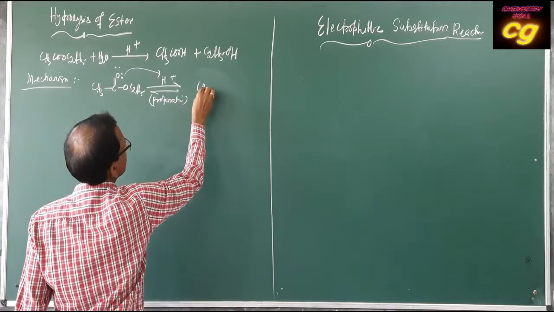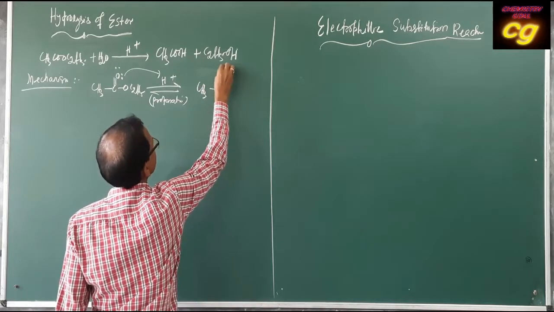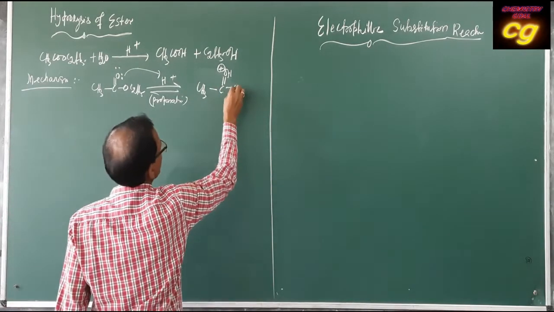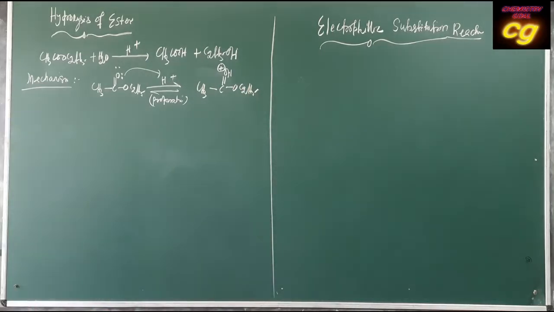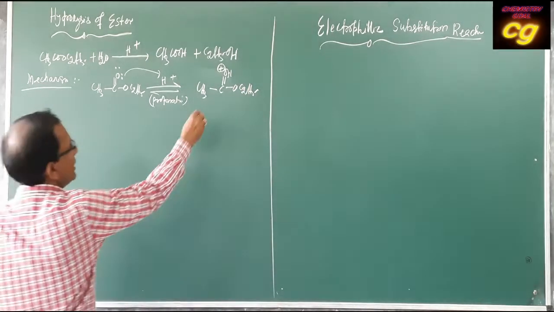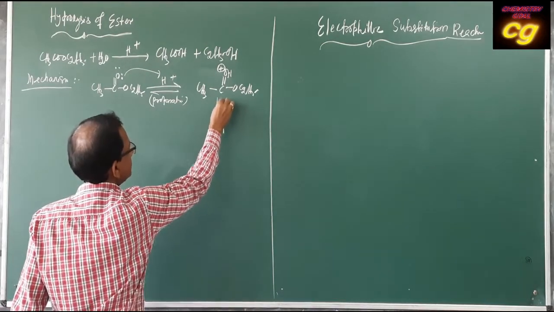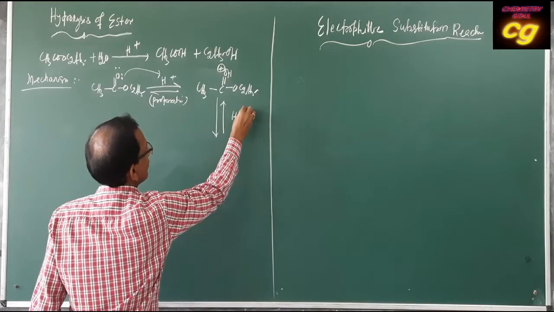Then it produces protonated ester. Protonated ester will form, and this protonated ester is unstable. What happens? It is attacked by water as a nucleophile. Water attack.